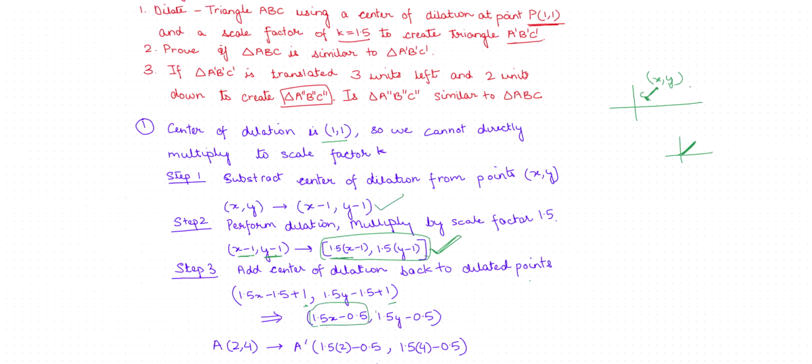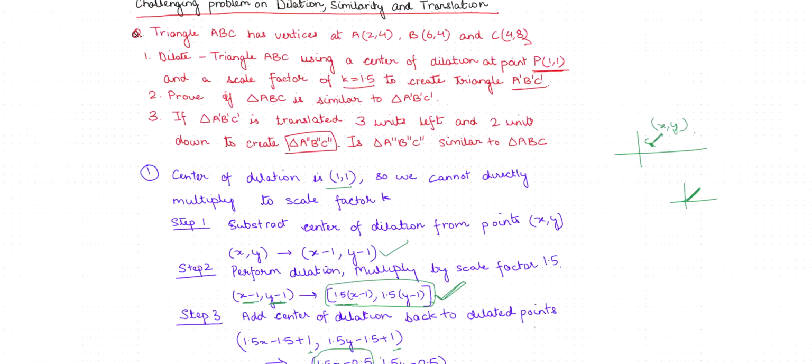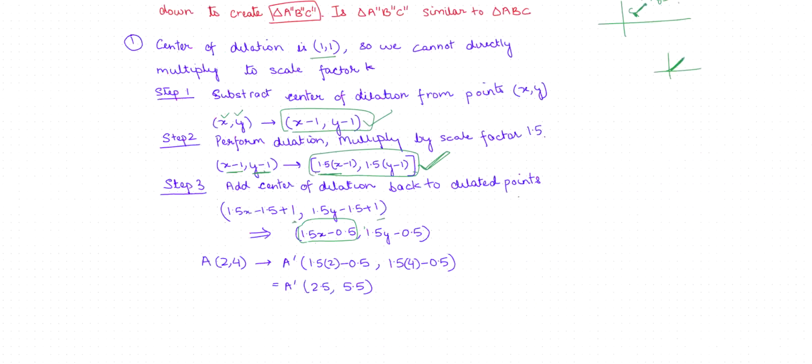So now this formula we can apply to A, B, C. We could have put the A value here and got A dash in this process, but then we would have to do that again for B and C. So we have generated a formula which would give 1.5 dilation when the center of dilation is 1, 1. Okay, so it will be applicable for A, B, and C both.